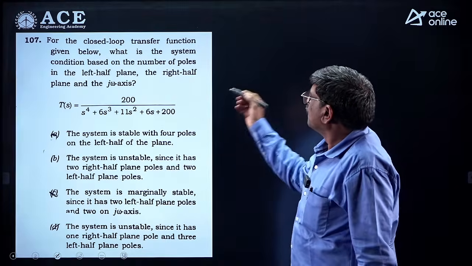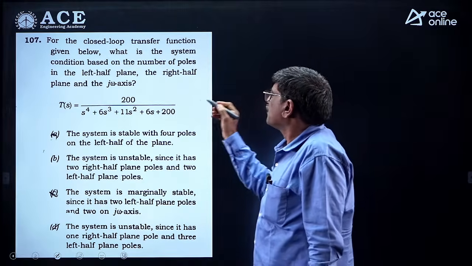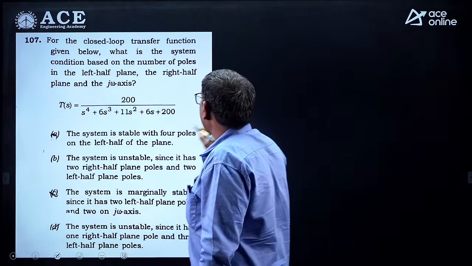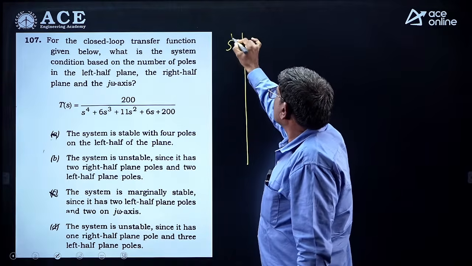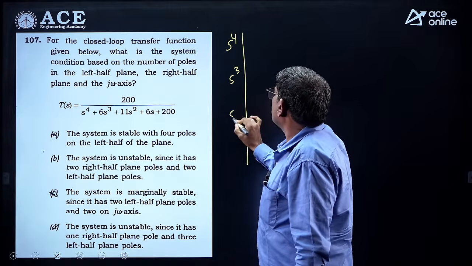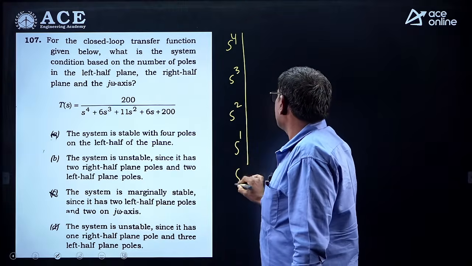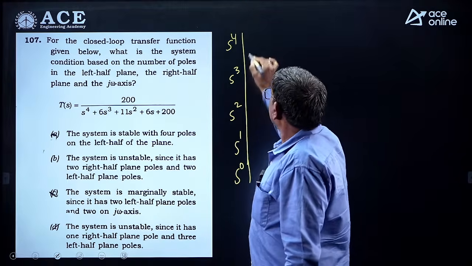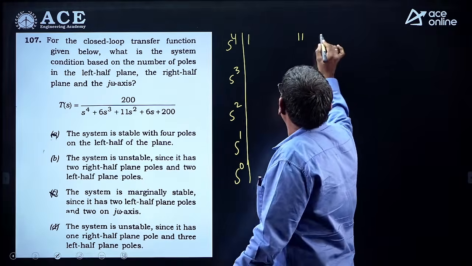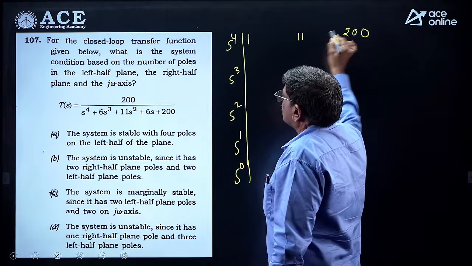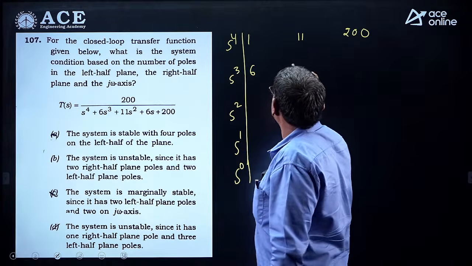Next, for the closed loop transfer function given, they are asking for the number of poles on the left and right. Use the RH criterion: s^4, s^3, s^2, s^1, s^0. Here 1, next alternate 11, next alternate 200. Next row 6, here also 6.